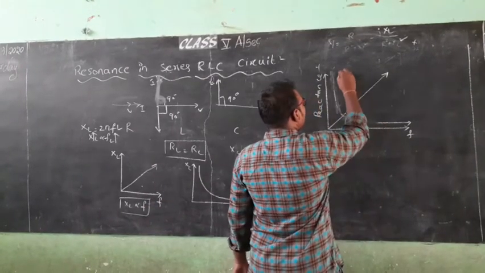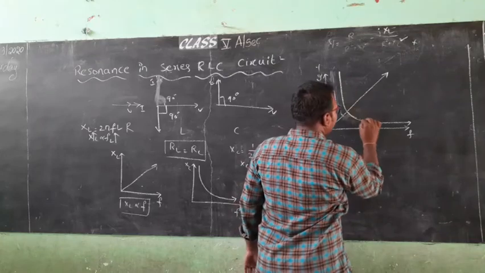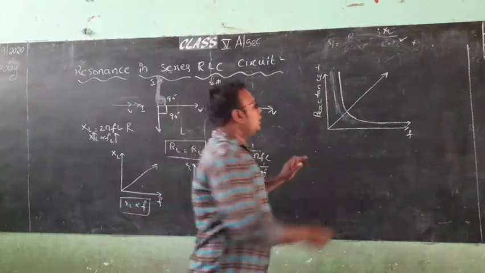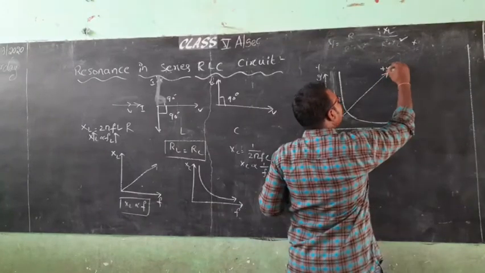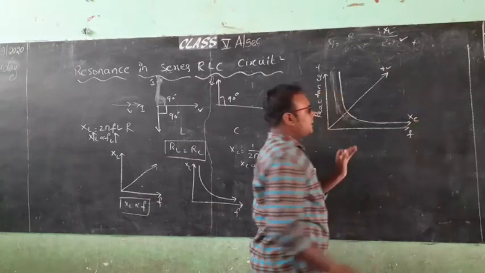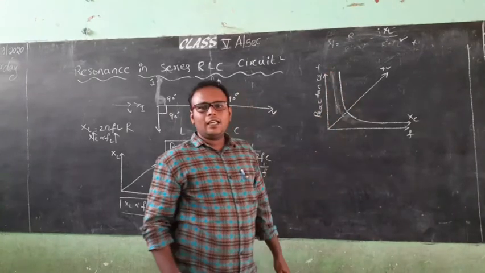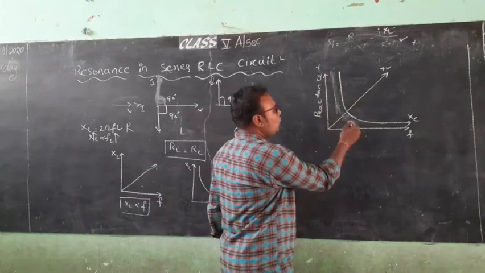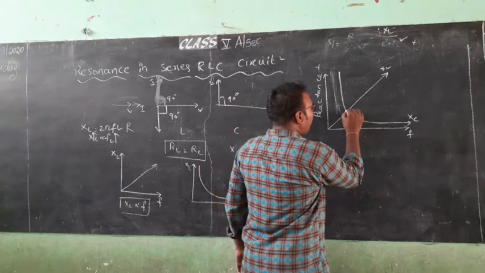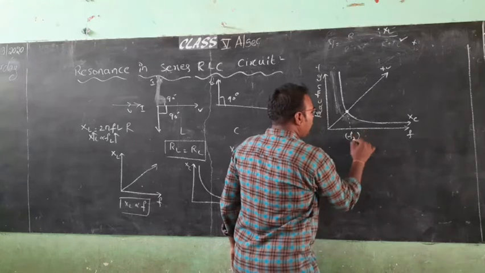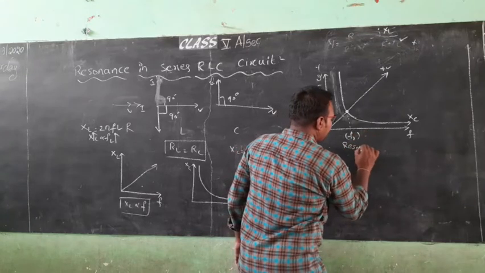In these two waveforms, this one is the XL and this one is the XC. By observing them, you can clearly see that if these two waveforms meet at this point, the frequency at this point is FR, the resonance frequency.